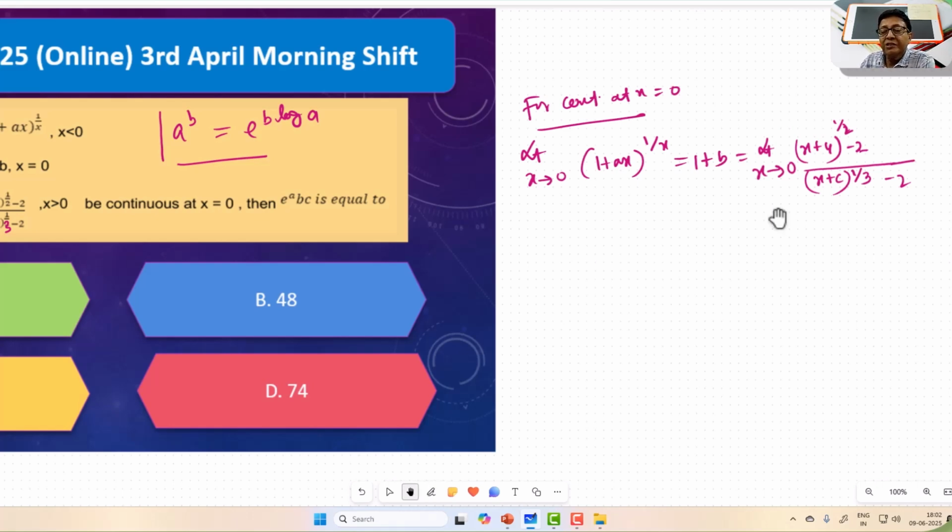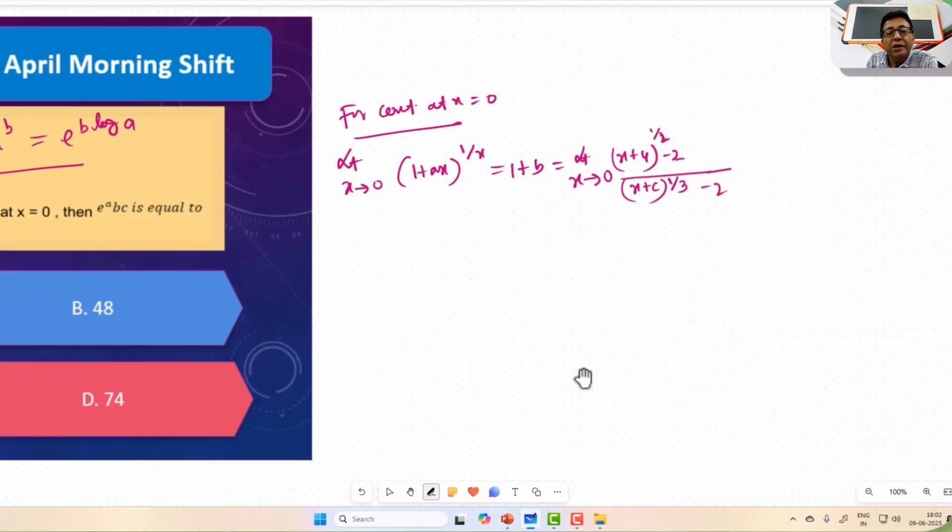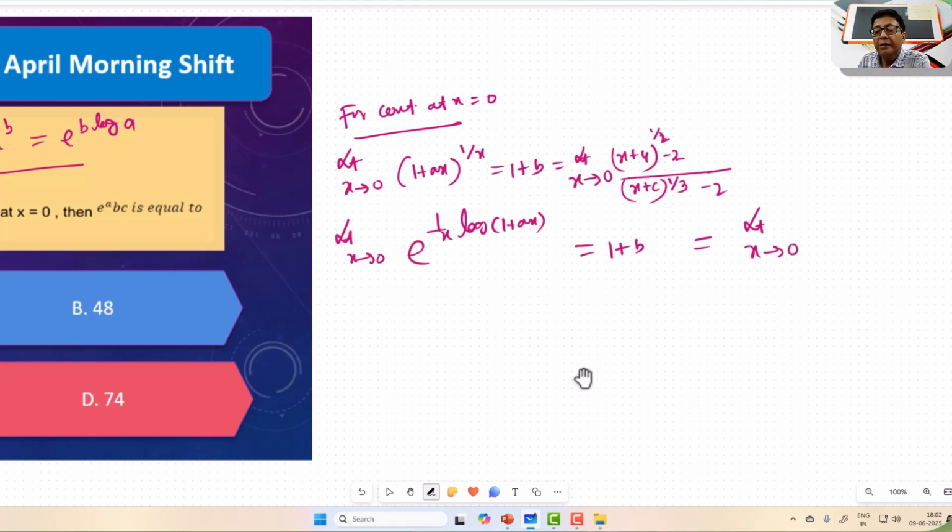So here you just change it, limit x tending to 0, e to the power 1 by x log 1 plus x 1 plus b, and this is limit x tending to 0.